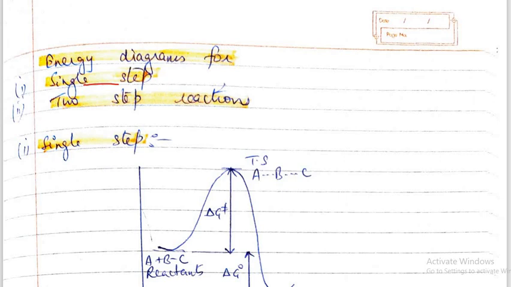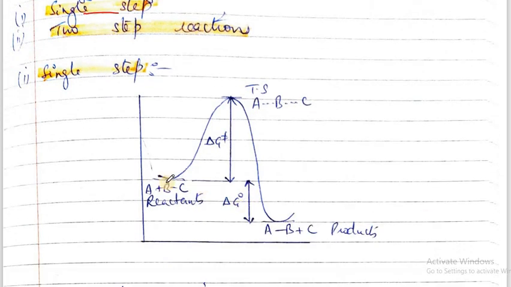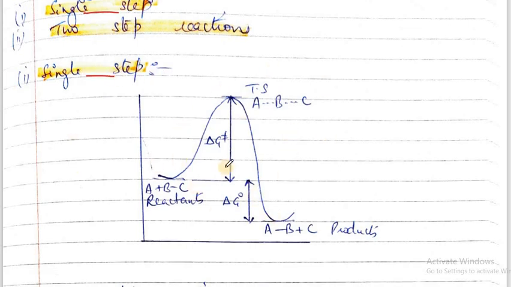In a single step process, these are the reactants, and this forms a transition state, and then the products are formed. And this is an exothermic reaction. It can be endothermic, we have seen earlier. So for a single step, we can easily show how the energy changes take place during the formation of products from the reactants through the transition state.